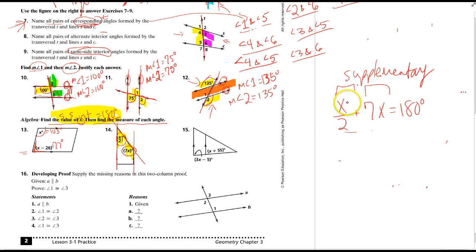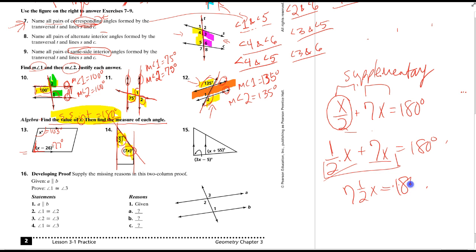So this I can rewrite. Sorry. 1/2 x plus 7x equals 180. So let me simplify this. 7x plus half an x would be 7.5x equals 180. Divide both sides by 7.5, and you should get x equal to 24.